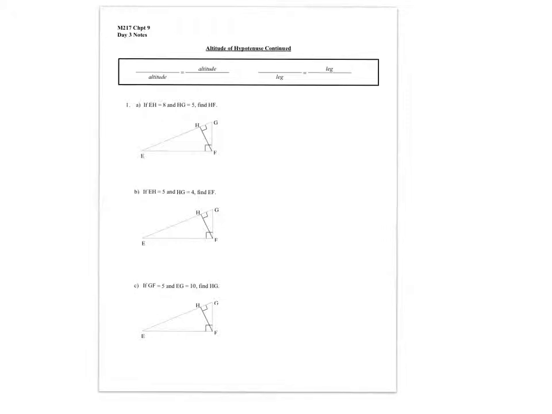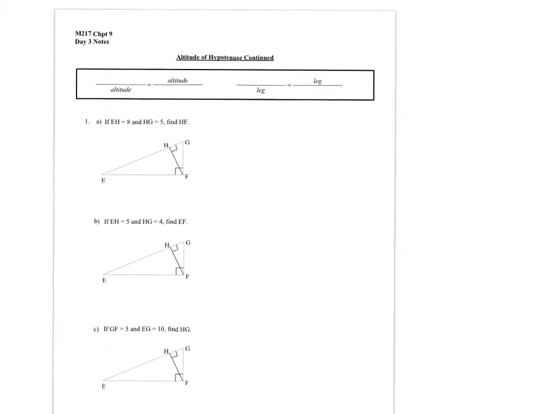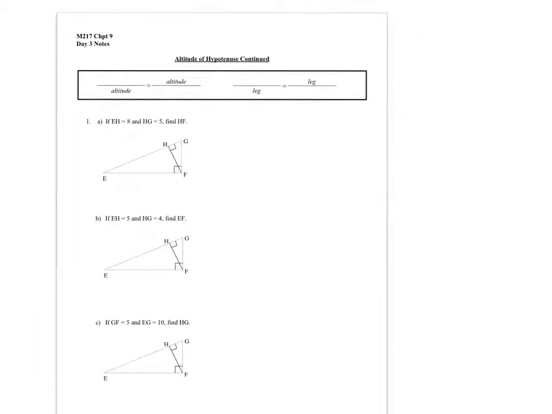Okay, just as a refresher, I'm going to go through our formulas. And our first one is that the altitude is the geometric mean between the two hypotenuse parts.